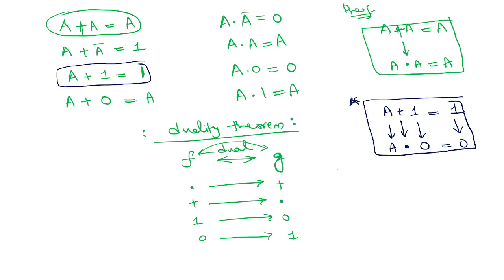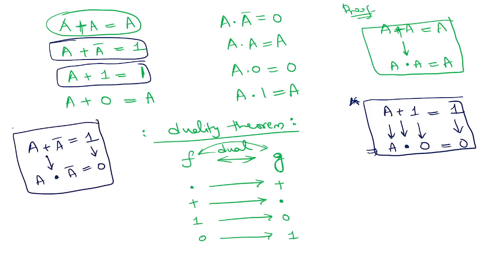That means any expression that you take will have its dual, and you don't need to think again whether it is proved or not. Anything you take will be proved. Correct? Take this example: A plus A bar is 1, right? Now replace the plus with a dot: A and A bar, and replace 1 with 0.